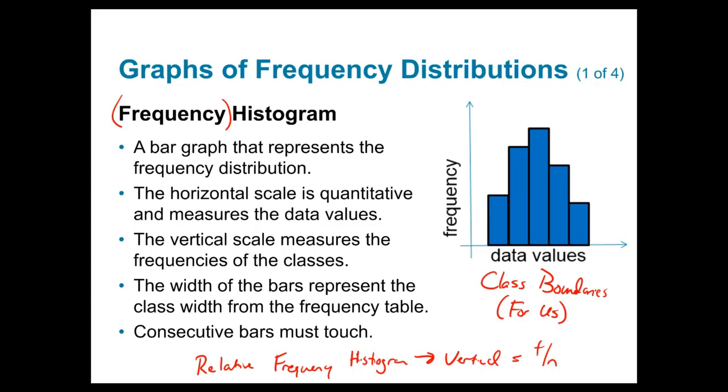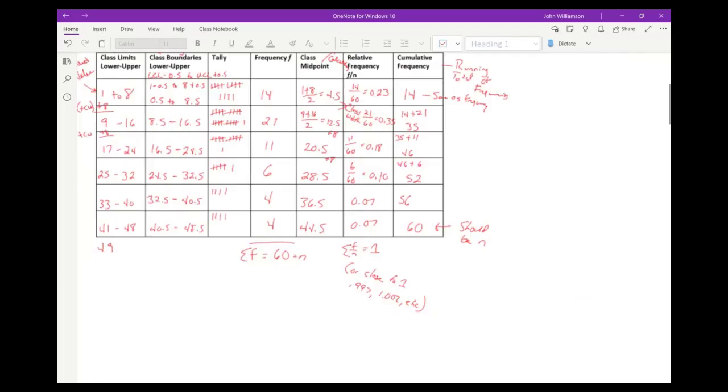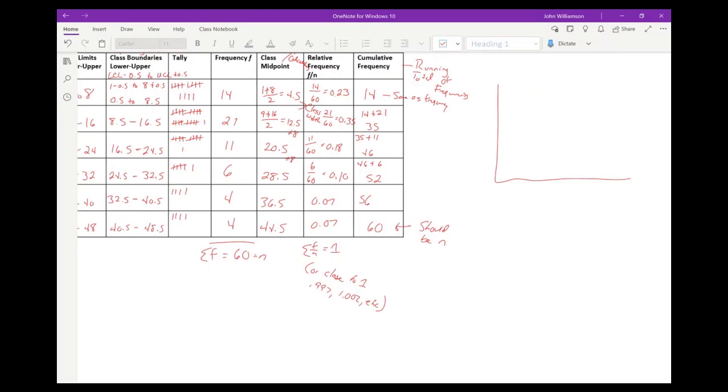So if we go back to that example we just did, say we wanted to make a histogram for this. You're going to put your class boundaries along the bottom, but basically think of this horizontal axis as a number line. One of the biggest mistakes I'll see people make on this is they might write 0.5 to 8.5 and then 8.5 to 16.5.